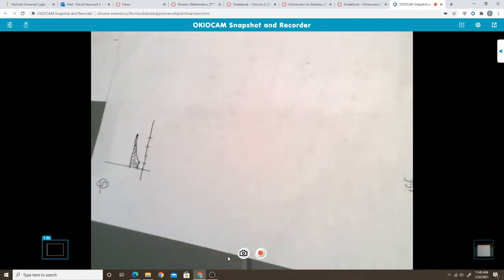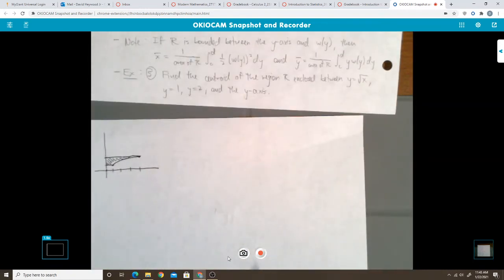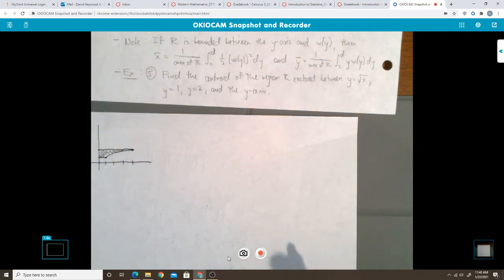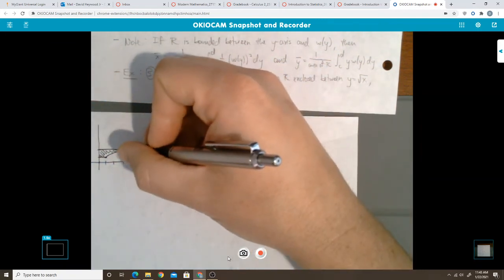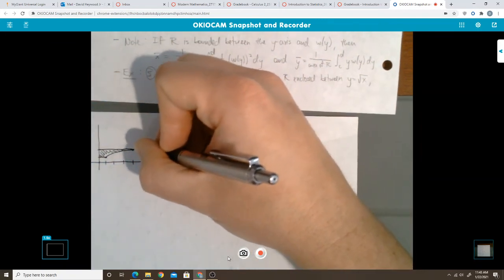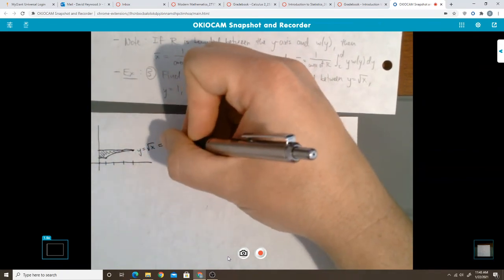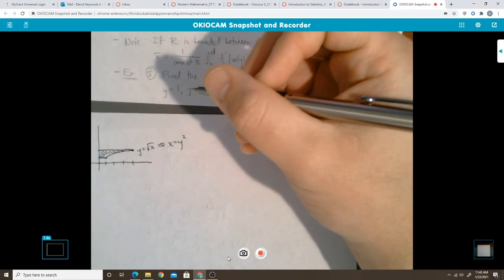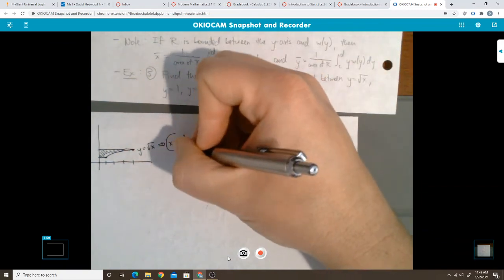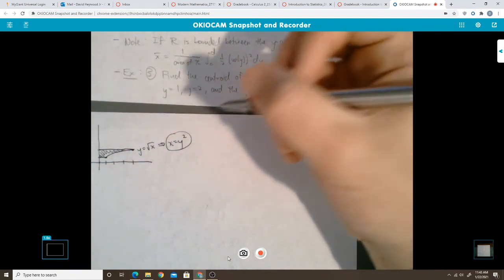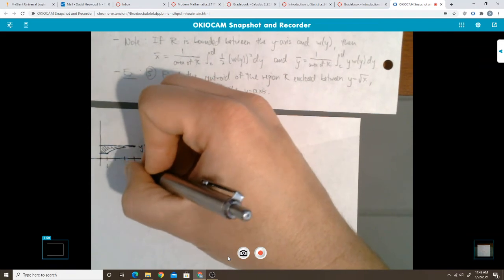So you just change your perspective a little bit, and we'll do this with respect to y. So that means if this curve was y equals square root of x, then x equals y squared, right? So that's our function, x equals y squared, and we're going to be integrating from 1 to 2.